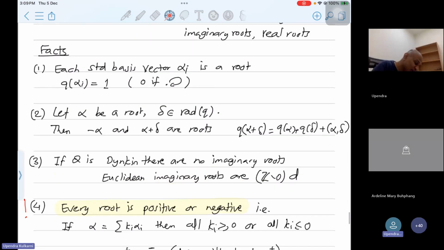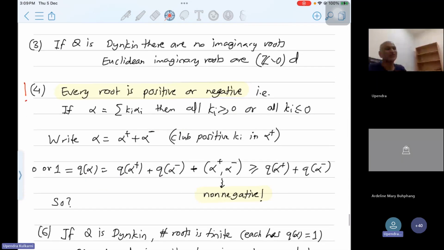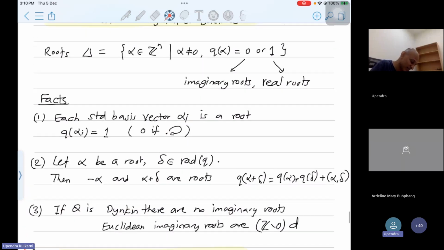I'm in the Dynkin or Euclidean case. That means that every Q value is non-negative. So this has to be 0, and this also has to be 0. So they both have to be scalar multiples of my special vector D. But alpha plus and alpha minus were sitting on different vertices. They don't have anything in common. So this just cannot happen, unless both alpha plus and alpha minus are 0. But remember, this is a root, and a root is by definition a non-zero vector.